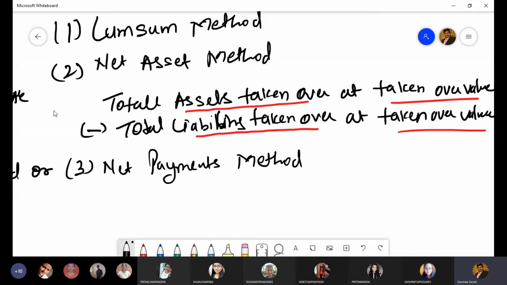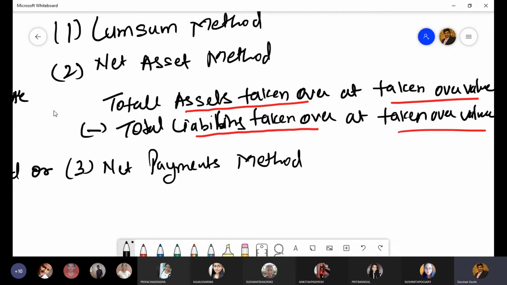So what payment is done to whom, specifically, that is known to us. When we have this information, then we calculate purchase consideration as per the net payments method. So how many shares are given to equity shareholders? How many shares are given to preference shareholders? Exact payment to equity shareholders, exact payment to preference shareholders will be given to you. Then purchase consideration will be calculated as per the net payments method.